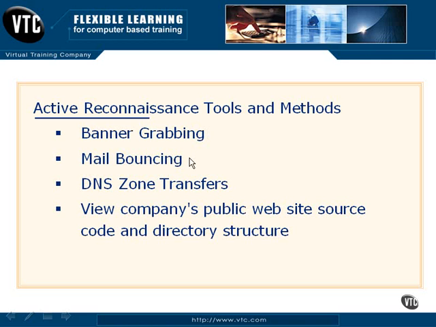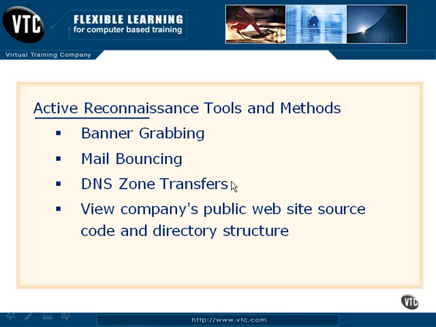Mail bouncing is another very interesting technique used to gather information about email servers, DNS resolution, and various things as well. We're going to take a look at email bouncing in just a few minutes. DNS zone transfers can also be an excellent source of information, especially when DNS servers for public and private domains are not separated properly.